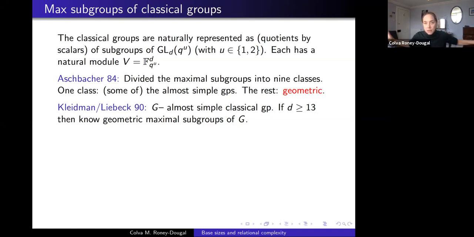So these 8 classes from Aschbacher's theorem that I've not told you about, we know the maximal subgroups in each of those 8 classes. We know when they're contained inside an almost simple subgroup, even though we don't necessarily know what the almost simple subgroups are, but we do know completely when the geometric ones are maximal.